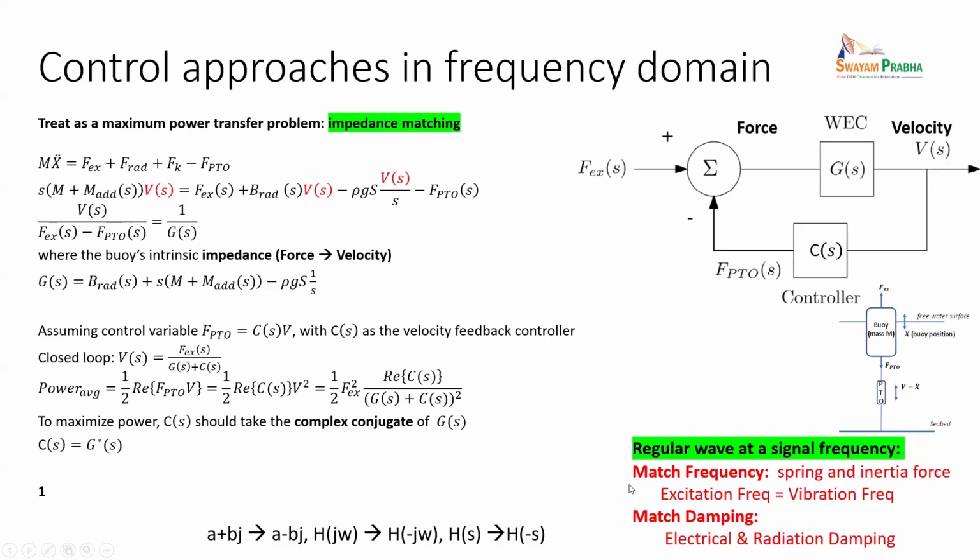What does that mean? In the impedance, the real part is damping, so you match the damping. The imaginary part Bj becomes negative Bj, and the physical meaning is that you match the frequency and you match the damping. This is the control perspective on the wave energy converter.